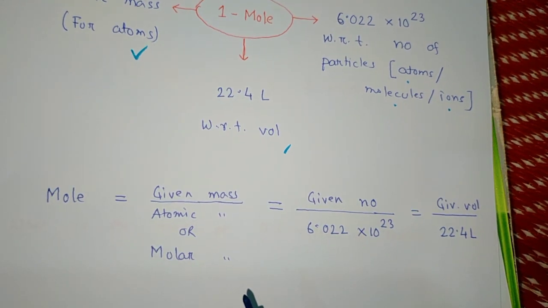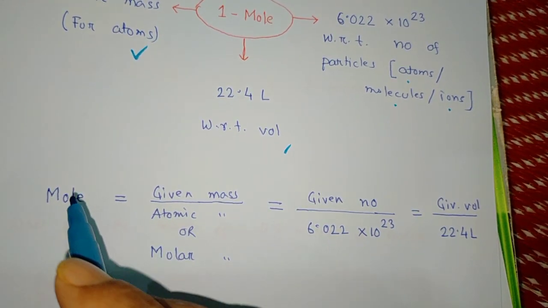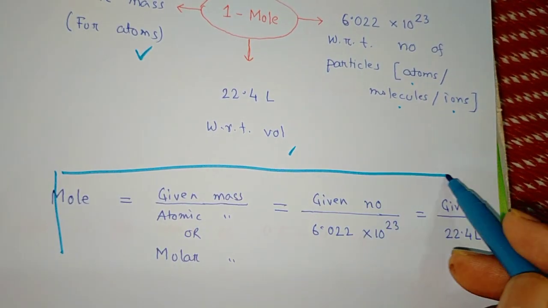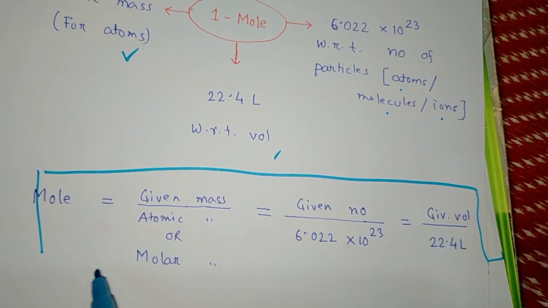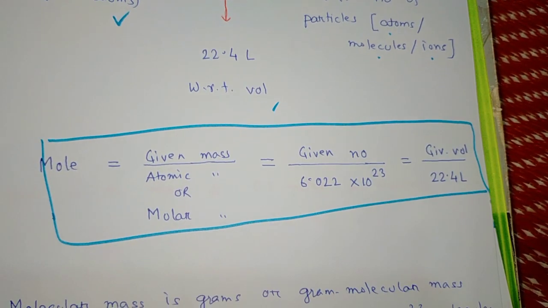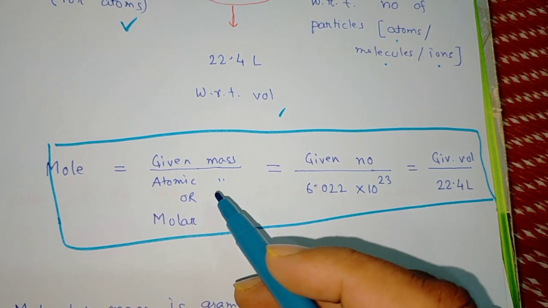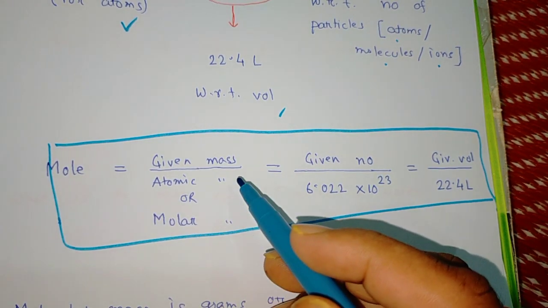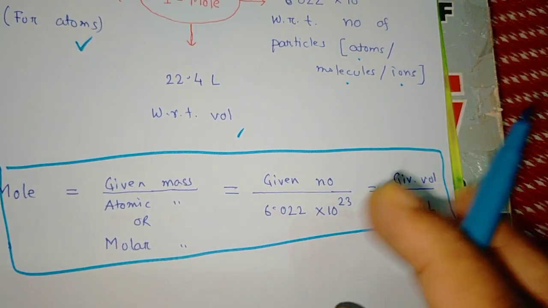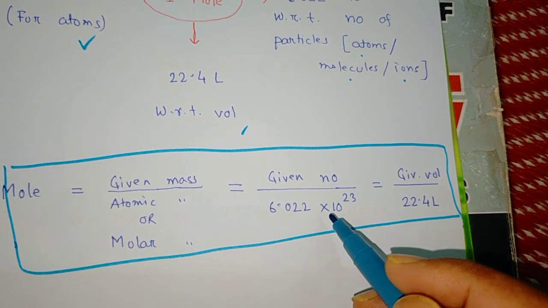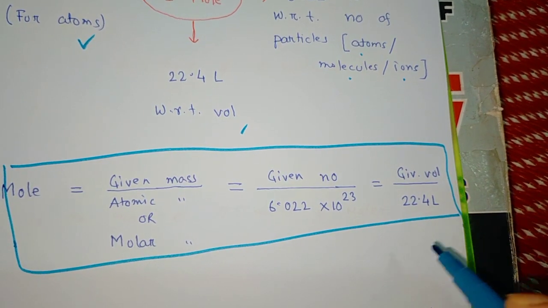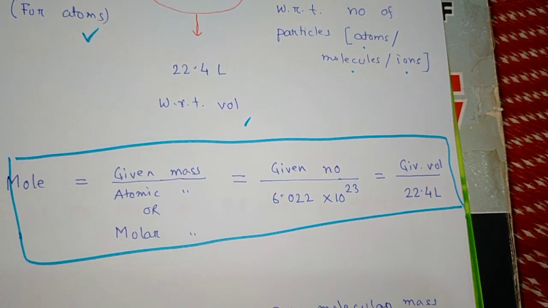Now another formula that I am going to give, this is your formula. Your mole equal to given mass by atomic mass if it is atom, or molar mass if it is molecule. Mole equal to given number by 6.0 × 10^23, mole equal to given volume by 22.4 liter.